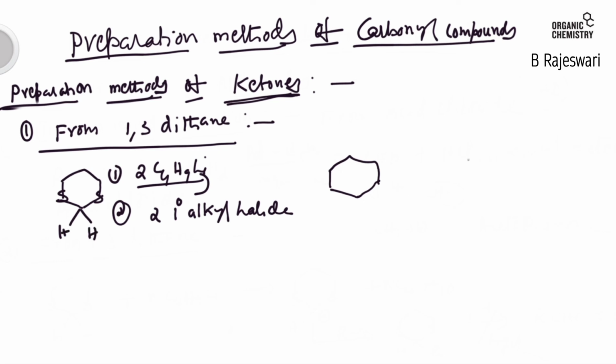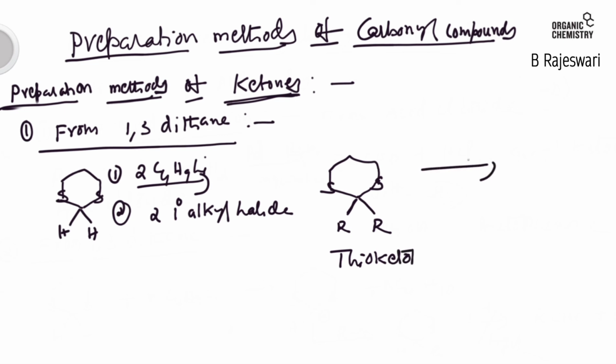When it is treated with 2 moles of alkyl halide, 2 alkyl groups are substituted like this, so that we get dialkyl substituted 1,3-dithiane, which is known as thioketal.